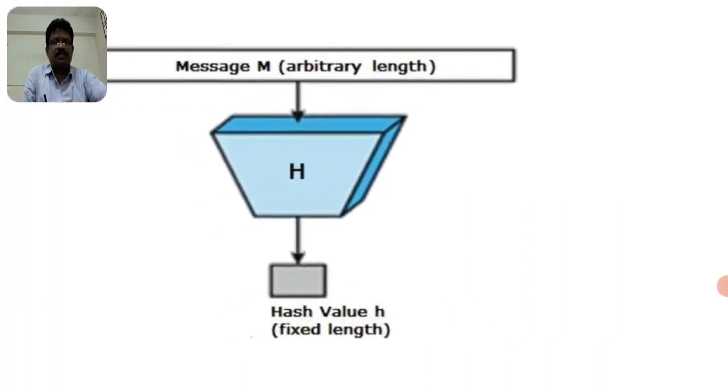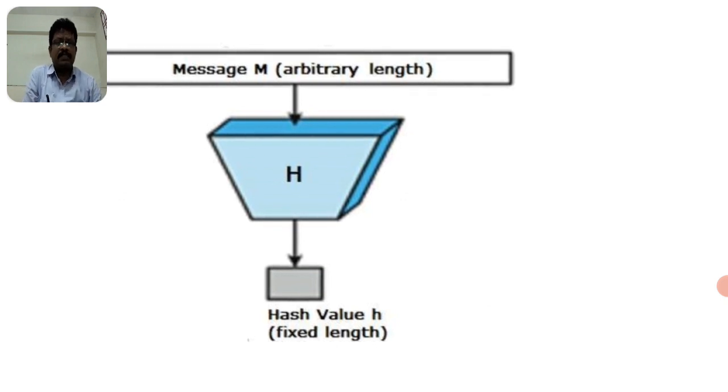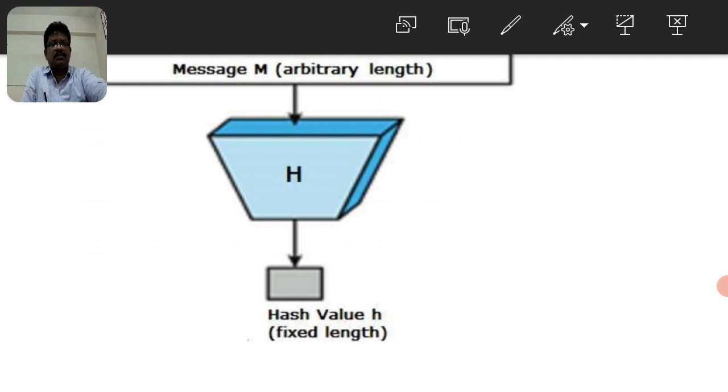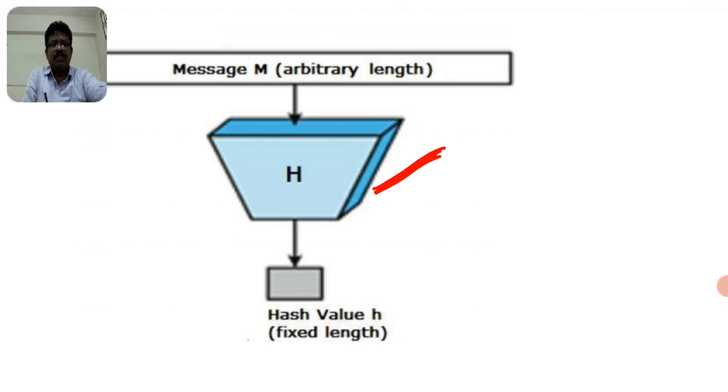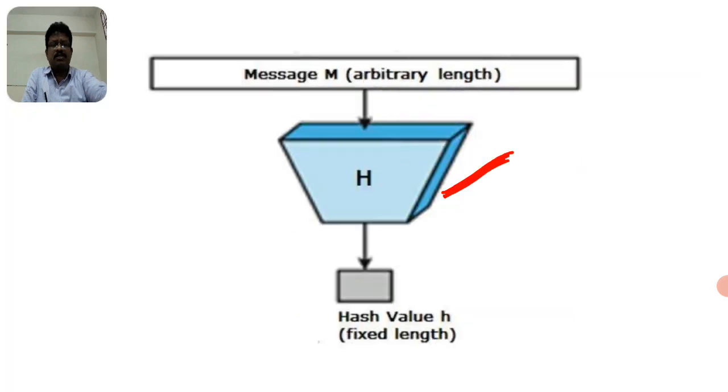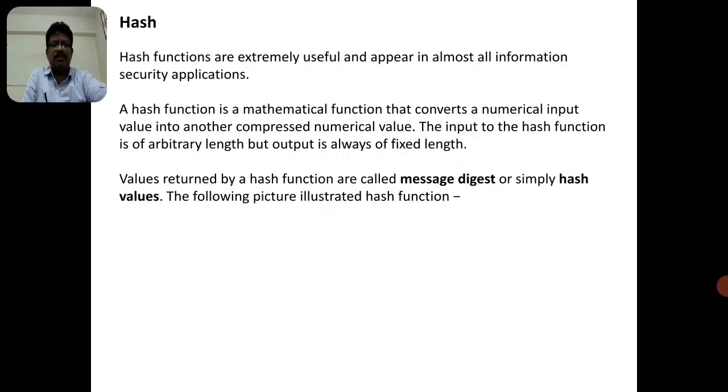The message M is of arbitrary length, that is, various lengths, and it is converted into a fixed length, that is the hash value. Simply, we can represent this as the hash function, which converts the variable length message into a fixed length value, without a key.